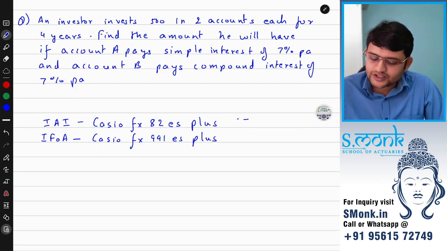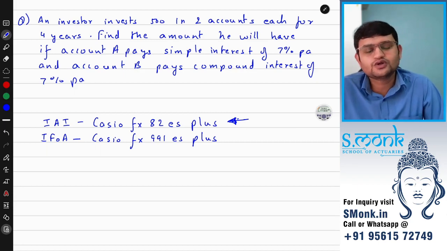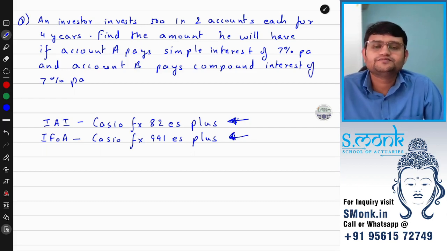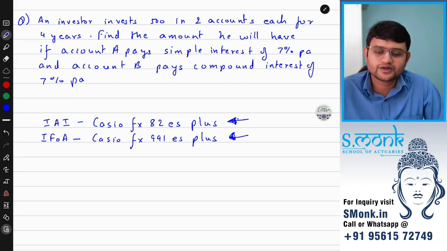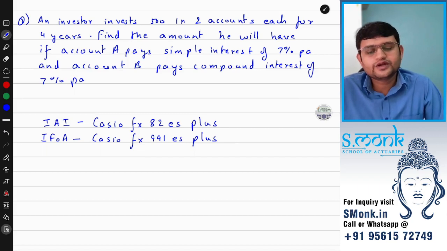In 82 ES Plus you cannot do integrations, you cannot solve simultaneous equations, you cannot solve quadratic equations, you cannot solve cubic equations directly. In 991 you can solve integrations, quadratic equations, cubic equations, and simultaneous equations directly in your calculator. So there is a slight advantage, but it is not a big deal. The things that you cannot solve on the calculator, we'll see how to solve on paper directly.